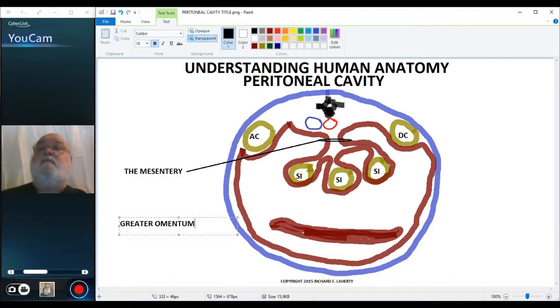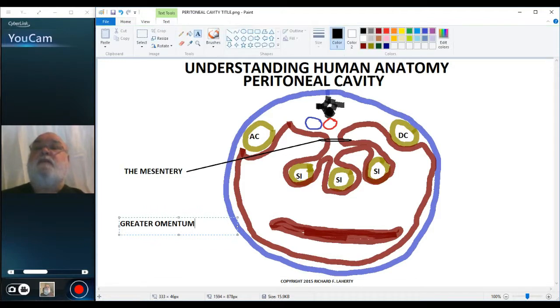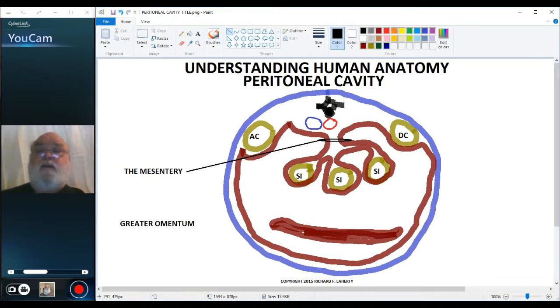And again, remember that the greater omentum develops as an outgrowth of the dorsal mesogastrum, and it actually, during development, would have part of the omental bursa, part of the lesser sac inside.